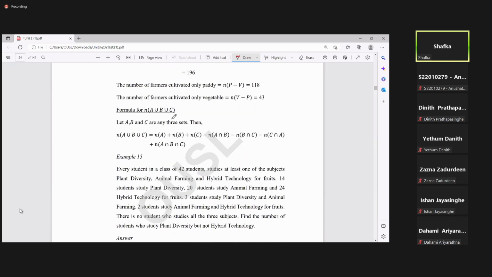Okay. So the formula for n(A union B union C) is this. You can easily figure it out using the Venn diagram as well.